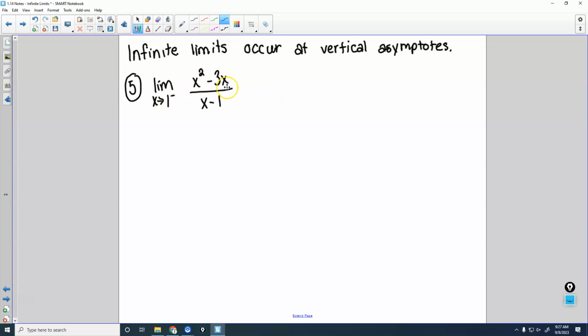But if I look at this problem, what's the first thing we are always supposed to do? Direct substitution, right? I've got to plug that number in. So if I try to plug in 1, I would get 1 squared minus 3 times 1 over 1 minus 1.